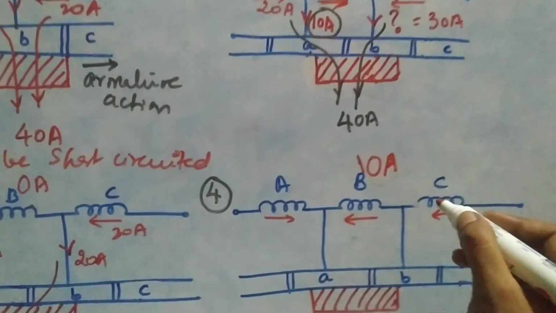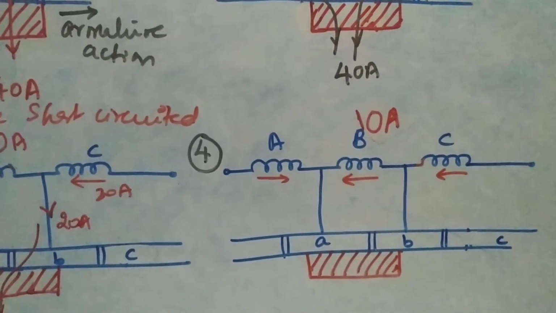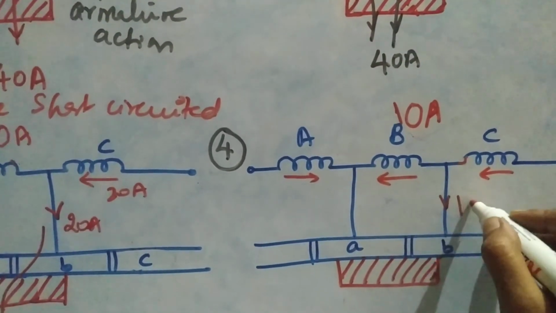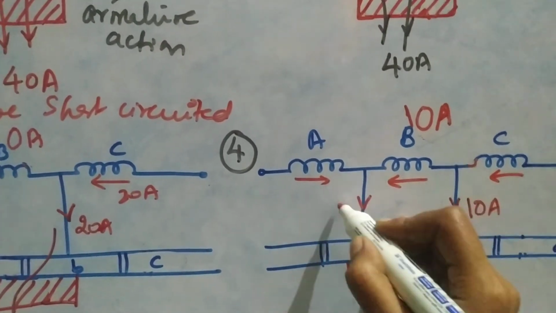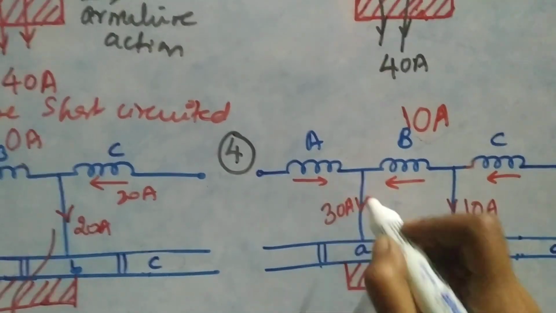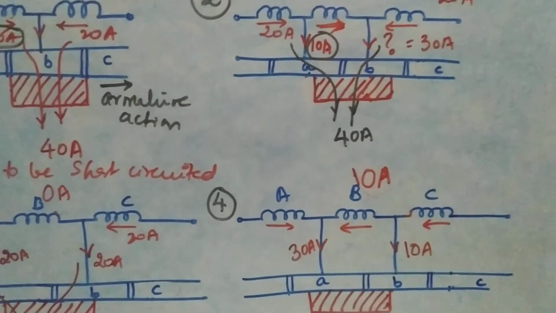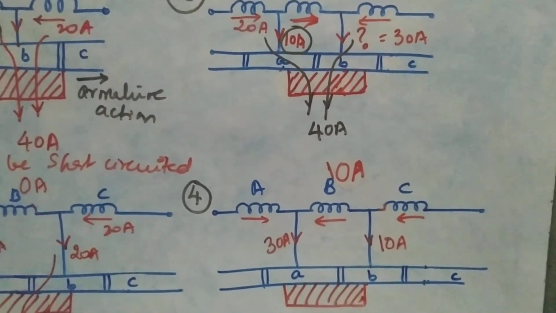Again you can cross check how much current will flow here. In this part the reduction of the current will be 10 amperes, and here a 30 ampere current will keep increasing, because the contact surface under the segment A is getting increased, right?